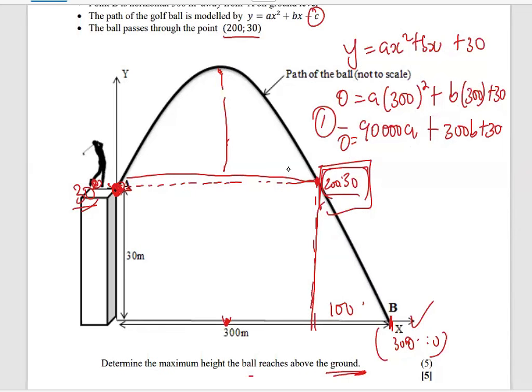If I use 230, then 30 is equal to A into 200 squared plus B into 200 plus a 30. So 30 becomes 40,000 A plus 200B plus a 30. This is 0, sorry.